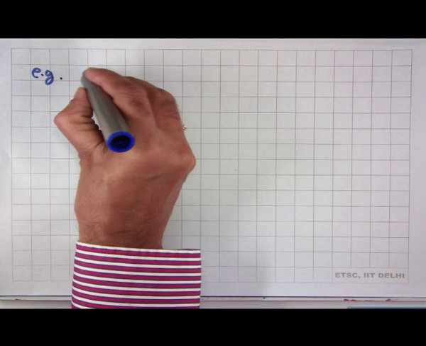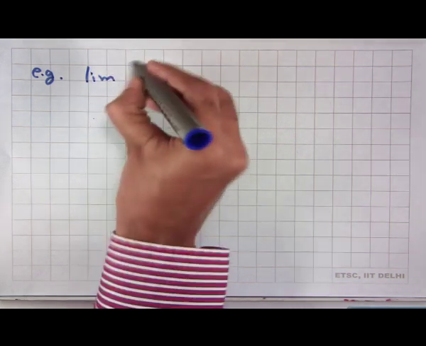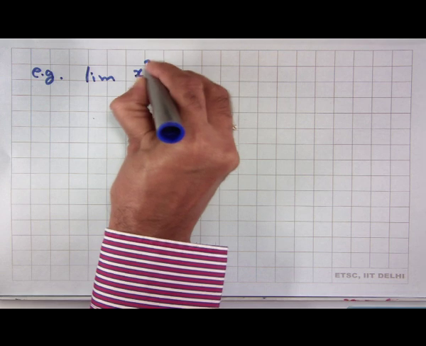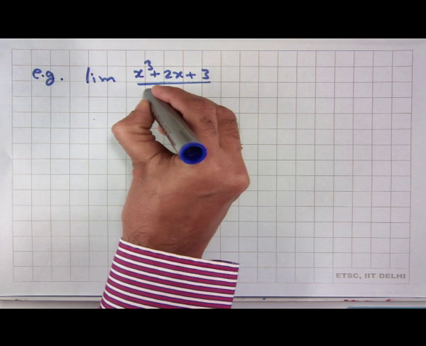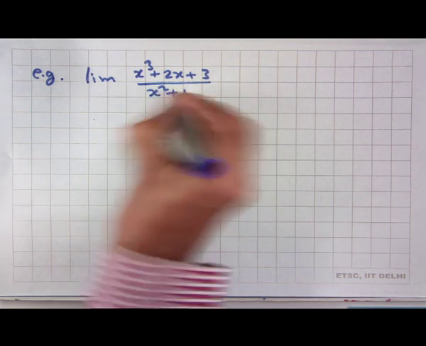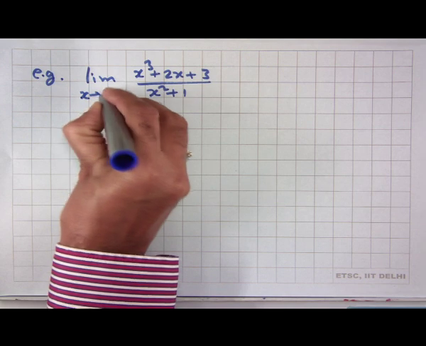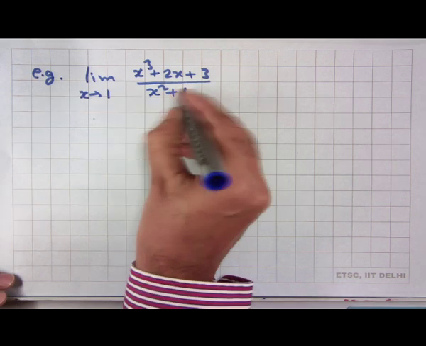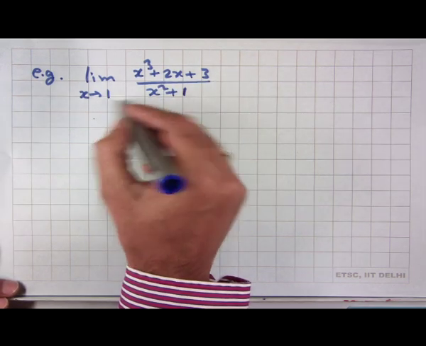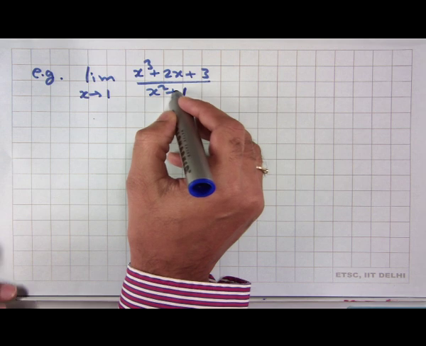So, for example, if we have to calculate the limit of, say, x cube plus 2x plus 3 divided by x square plus 1 as x approaches 1. Here, first you see what is the limit of the denominator as x approaches 1. x square plus 1 is a polynomial.